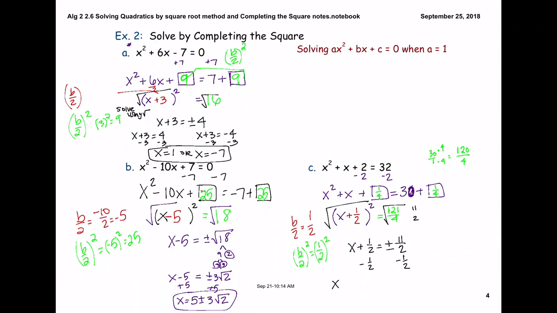We write it as two separate problems: x equals negative 1/2 plus 11/2, and x equals negative 1/2 minus 11/2. So x equals negative 12 over 2, which simplifies to negative 6. And x equals 10 over 2, which simplifies to 5.